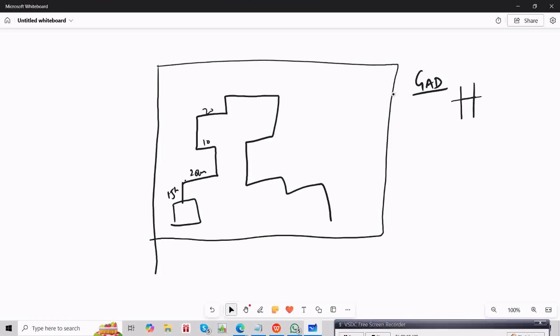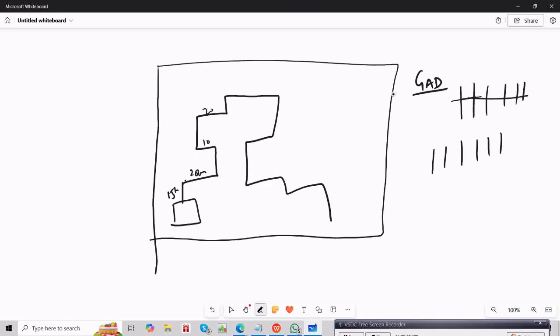If you have 10 lines, in one GAD you can show all 10 lines. But if you want to extract isometrics, you have to extract 10 isometrics individually, and it will increase the cost of the project. Do you understand what I'm trying to say?